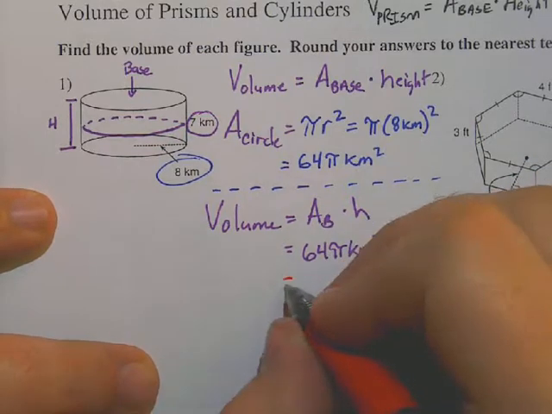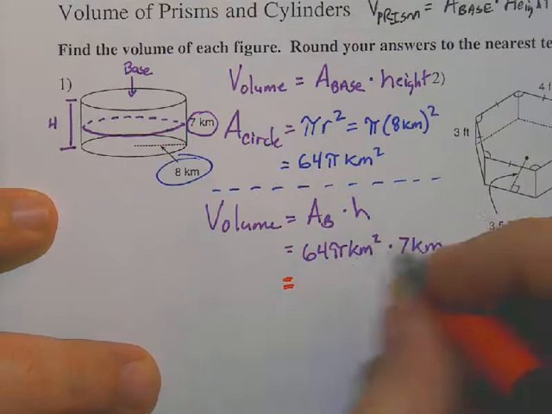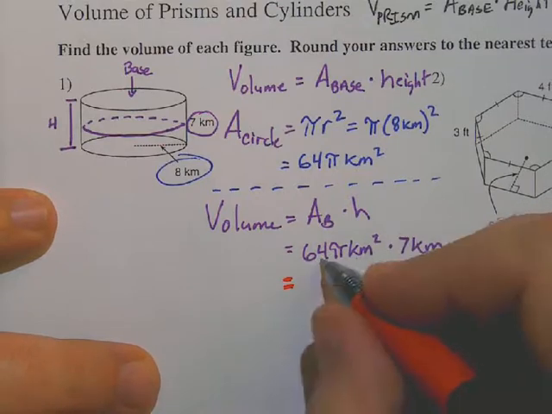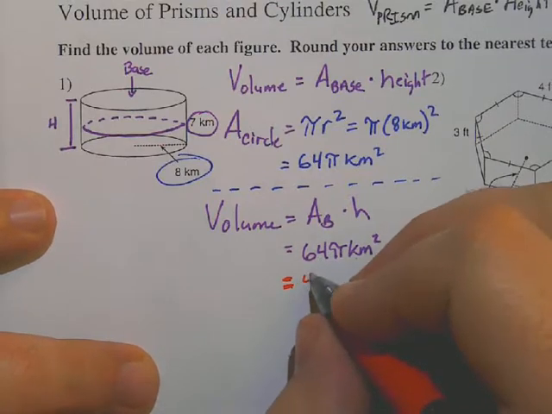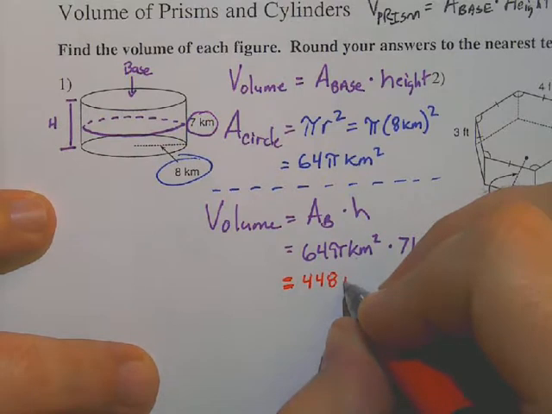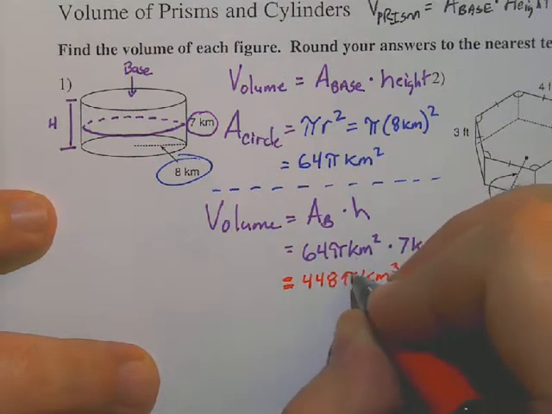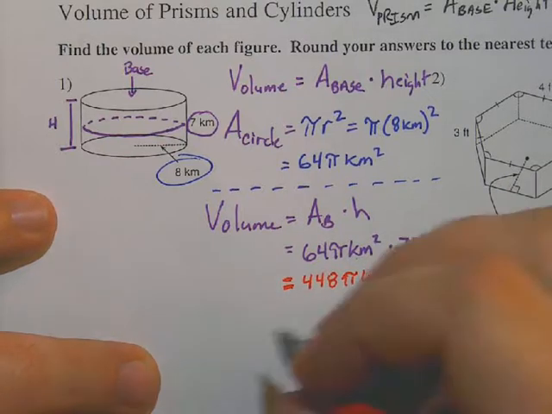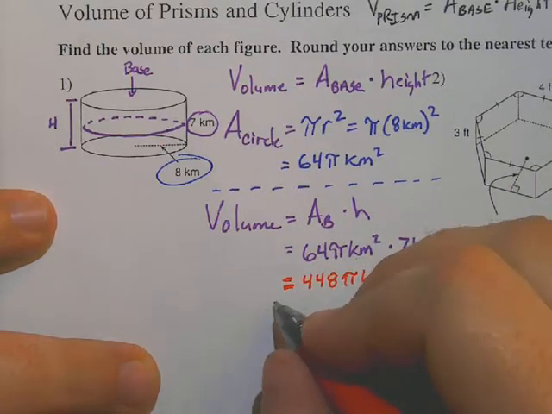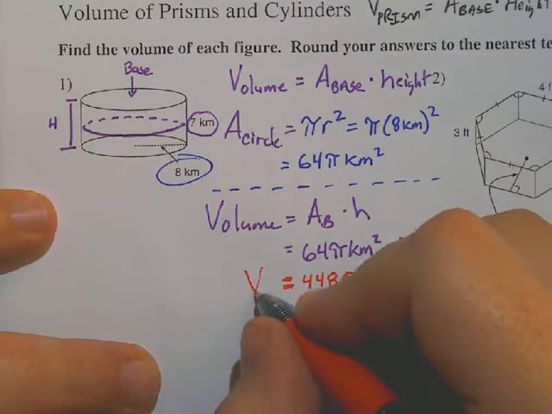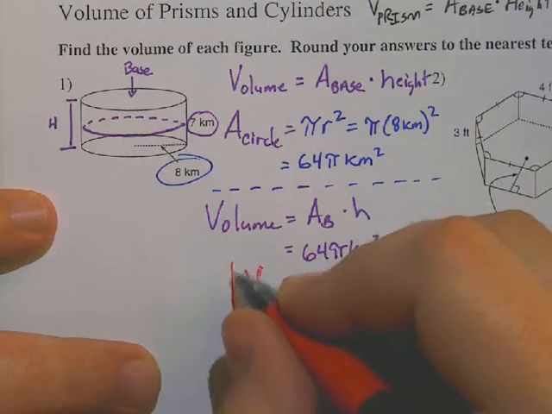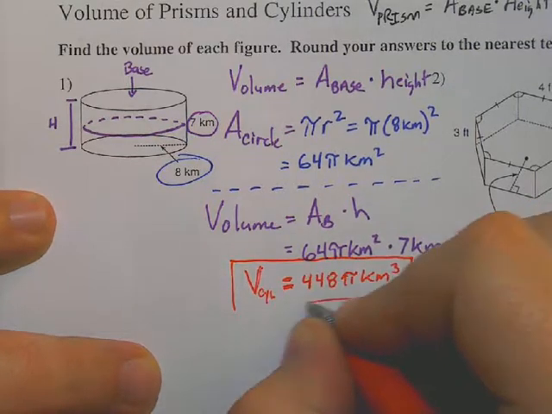So 7 times 64, well, 7 times 60 is going to be 420. 7 times 4 is 28. So that's going to be 448 pi kilometers cubed. All right. And that is the volume of this cylinder.